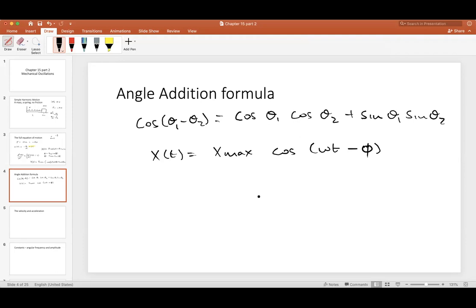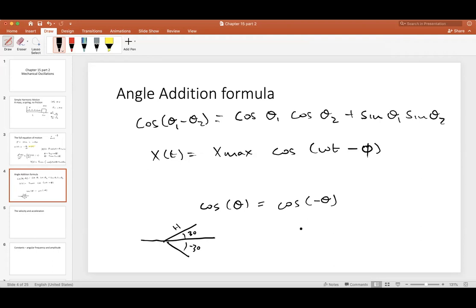One more thing, do not forget: the cosine of an angle is equal to the cosine of the negative angle. We can prove that just visually really fast. If we have 30 degrees and negative 30 degrees, cosine of these is the part of this hypotenuse that lies along the x-axis. And it doesn't matter whether this angle is negative or positive.